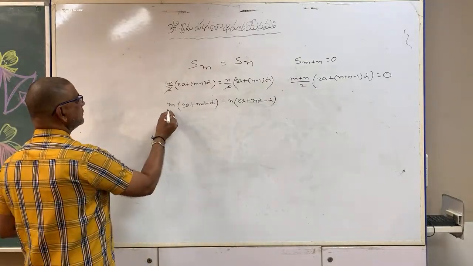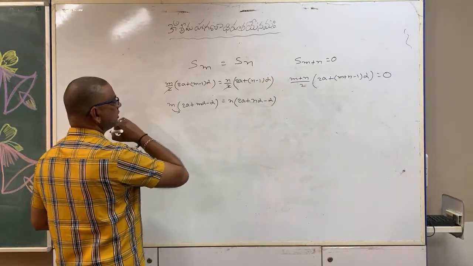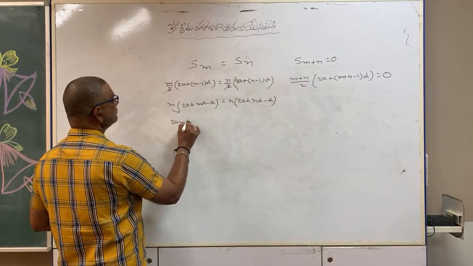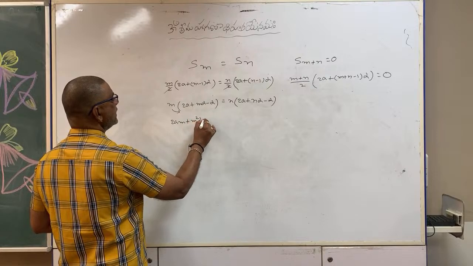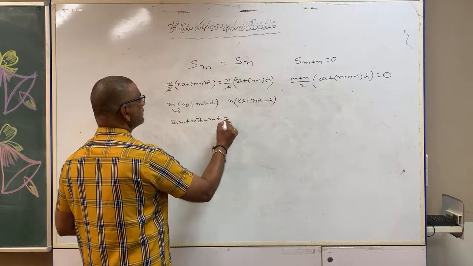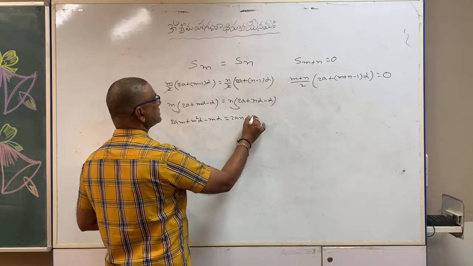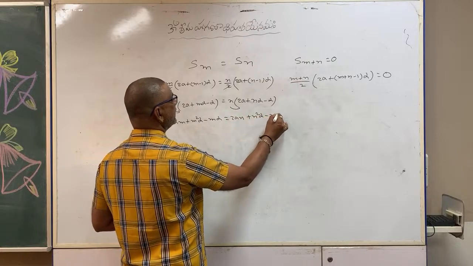Now multiply m and n with the terms inside the brackets. 2am plus m square d minus md, and here also the same, 2an plus n square d minus nd.